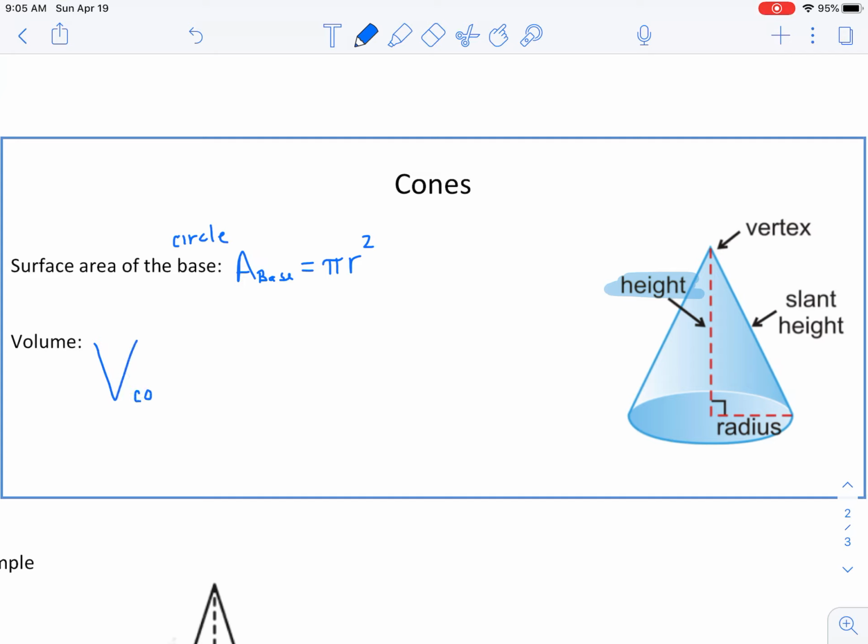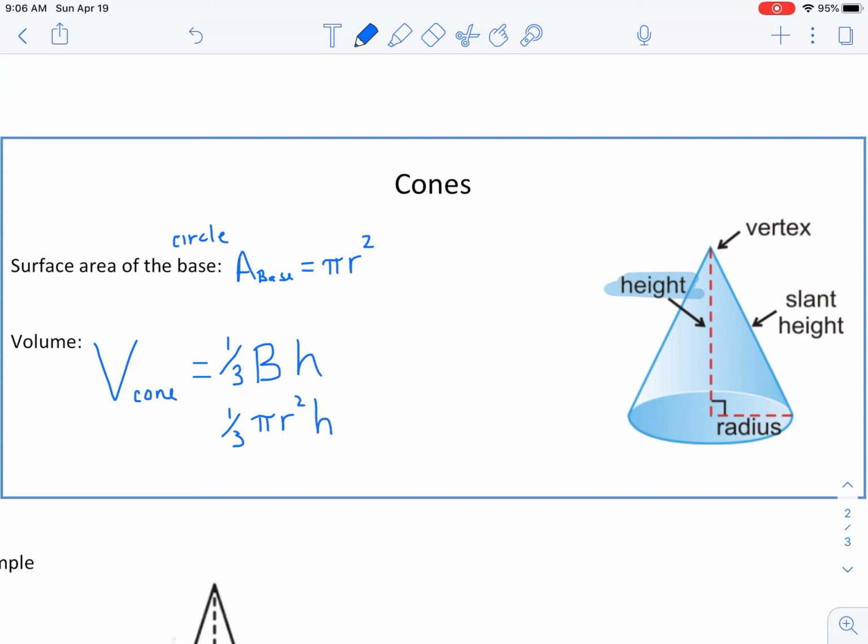So the volume of the cone: you're still going to take the area of the base of the cone, and the base here, we just said, is pi r squared. You're still going to multiply it by the height, which is this height over here, remember?